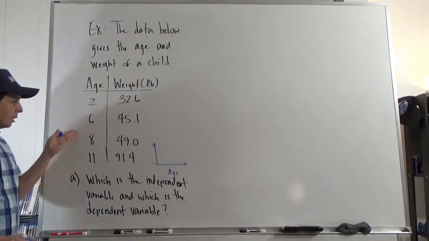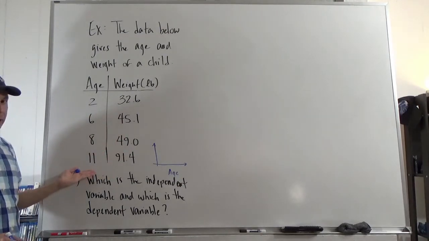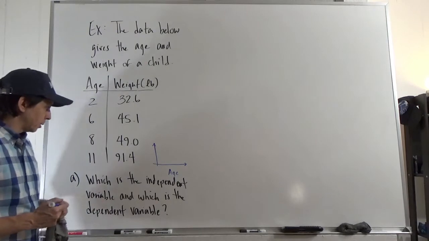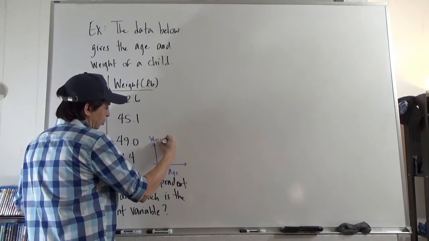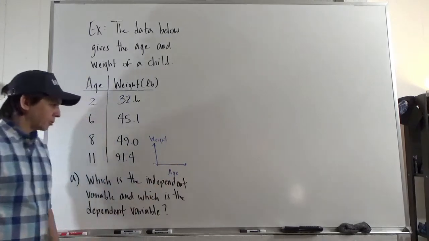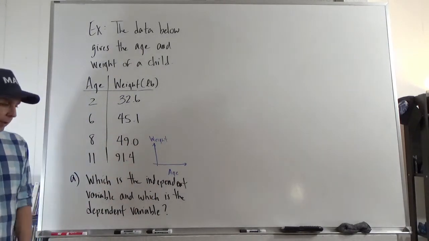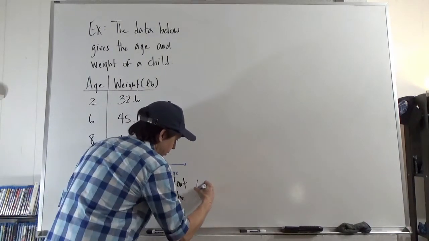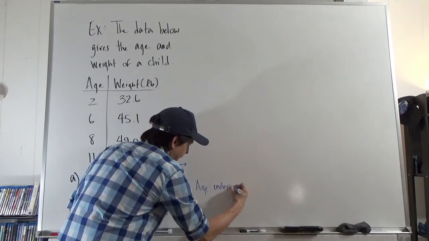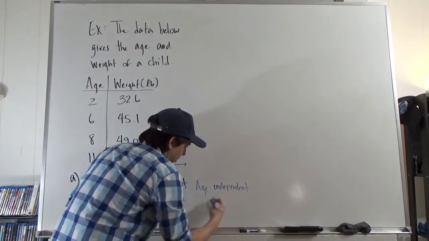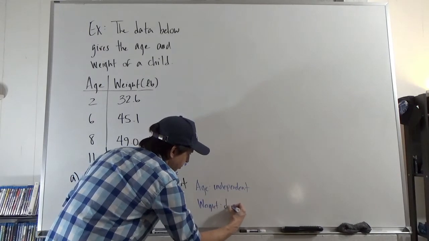But as he ages, he starts to grow and his weight depends on what age he's at. Anyway, that's usually what you think of when you want to make the distinction. So meaning age is like x, weight is like y, and therefore age is the independent variable like x, and weight is the dependent variable.